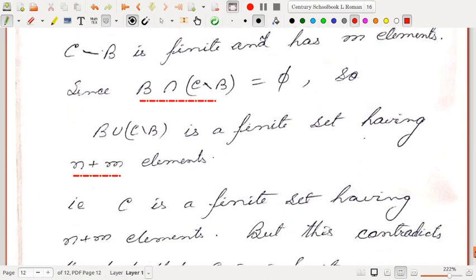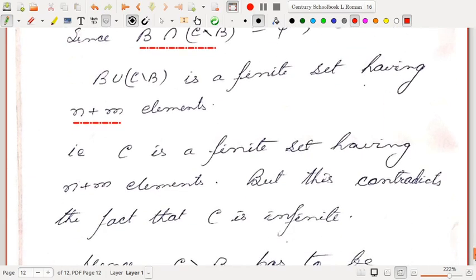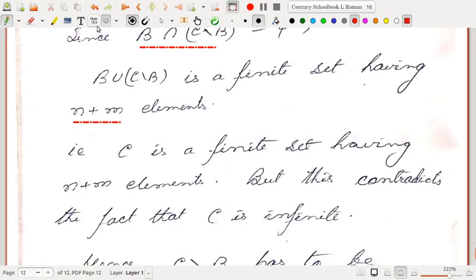So this means that B union C is a finite set.